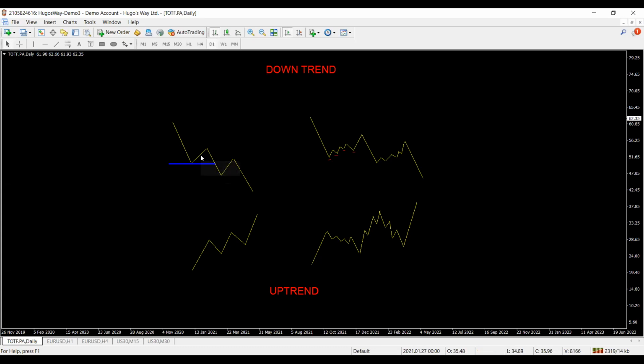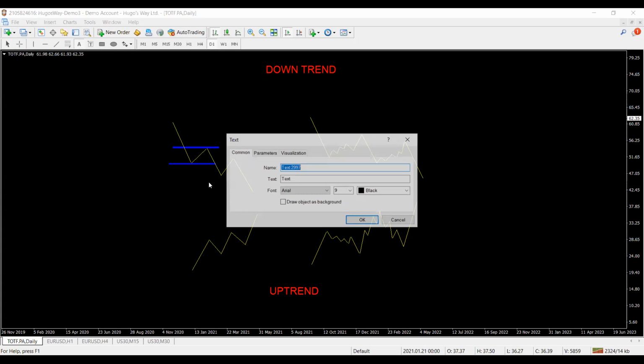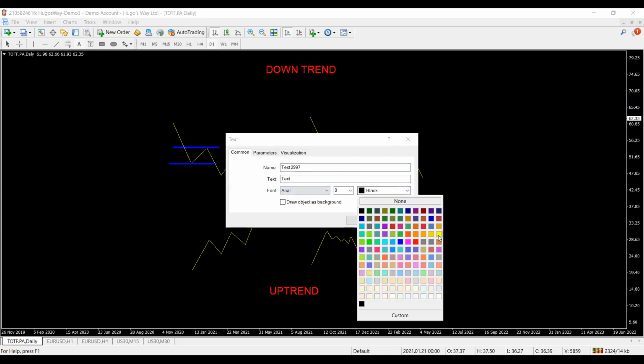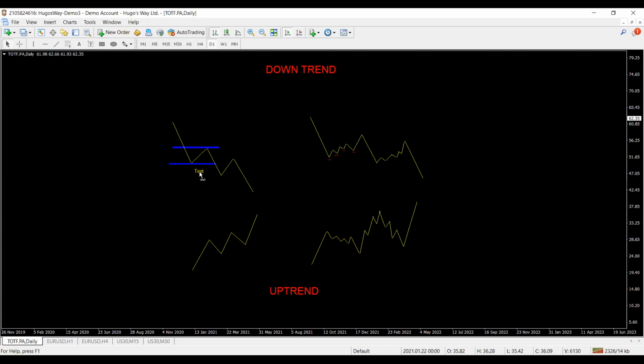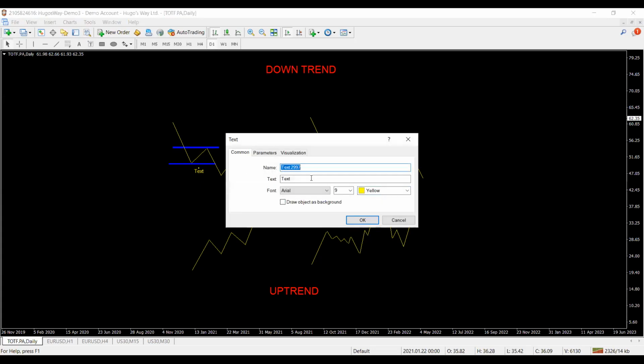The buyer bought off of this area of support, and we know that the seller is the one that actually took out the liquidity. So if you mark this as a low and a high and a break of structure, what you can do is write BOS for break of structure, so that way you hold yourself accountable that you identified that phase in the market.